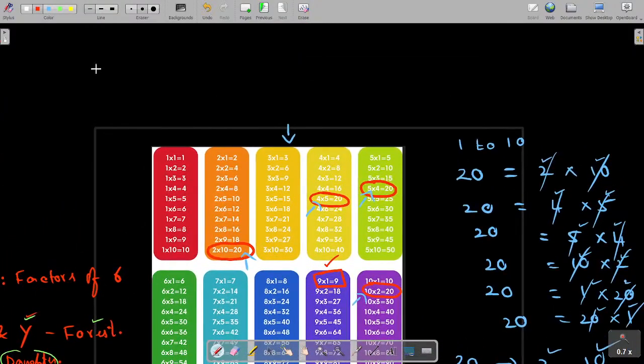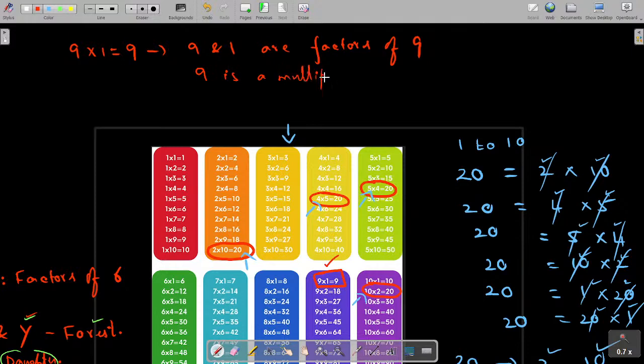So I am asking you to express 9 into 1 is equal to 9 in terms of factors first. 9 and 1 are factors of 9. Is it right? If I say the other way with respect to multiples, how can I express? 9 is a multiple of 1. Is it right?